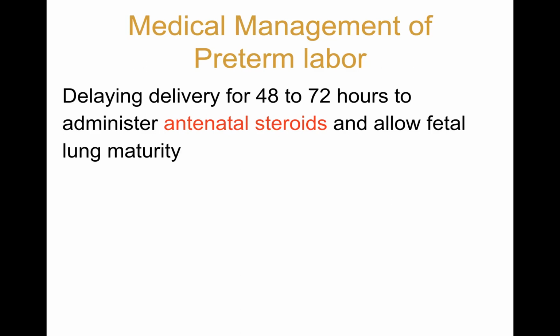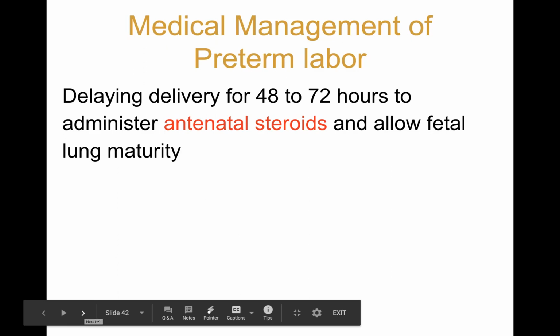That is the only reason we're giving her these antenatal steroids, is to help those fetal lungs to mature. We want to delay delivery for at least 48 to 72 hours, so we can get at least 2 doses of these antenatal steroids into mom. And again, an example is your betamethasone.